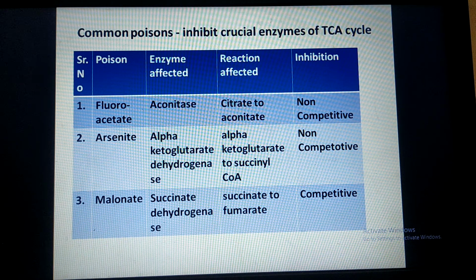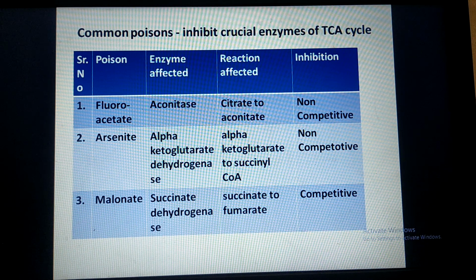It inhibits the enzyme alpha ketoglutarate dehydrogenase, and this inhibits the reaction in which conversion of alpha ketoglutarate to succinyl CoA occurs. The mechanism of inhibition is again irreversible non-competitive inhibition. The third poison is malonate, which inhibits the enzyme succinate dehydrogenase of TCA cycle, due to which the conversion of succinate to fumarate is affected, and this type of inhibition is competitive type of inhibition.